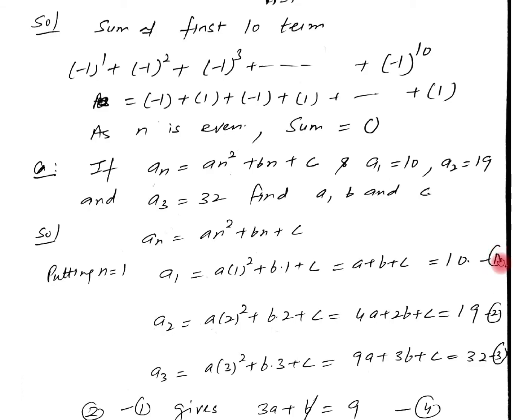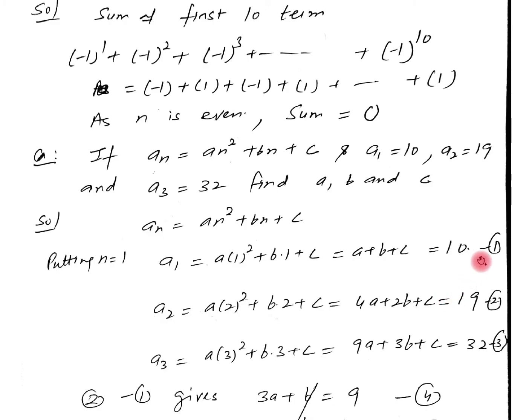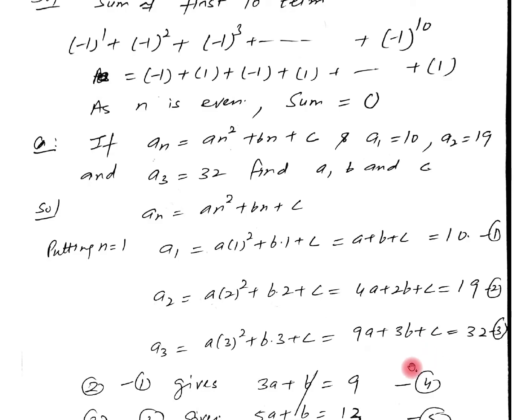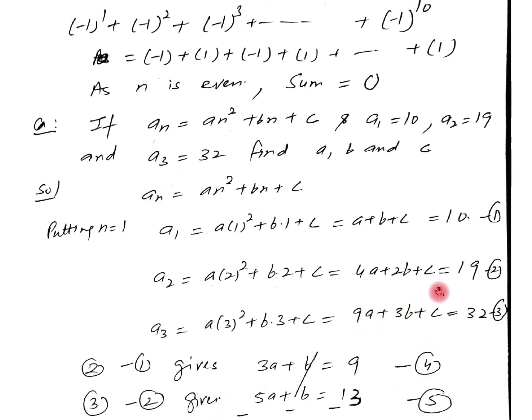Now we have to solve these three equations to get the value of a, b and c. Let us see how to solve these three equations. Here this is equation 1, 2, 3, we can name it. Now 2 minus 1, because c is common in all the three equations, we can easily cancel the c.